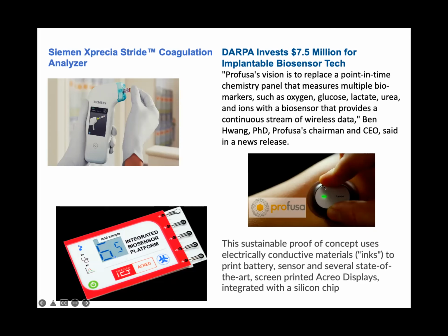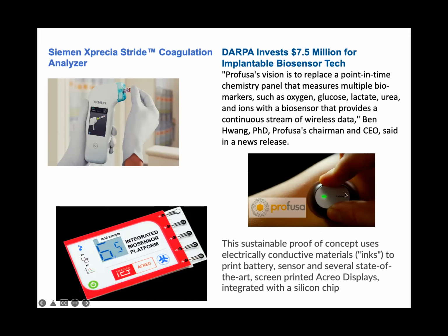So this one also is, I don't know whether it is wearable, but they call it implantable, though I don't see it is implantable. You can analyze multiple analytes, oxygen, glucose, lactate, urea, at the same time.